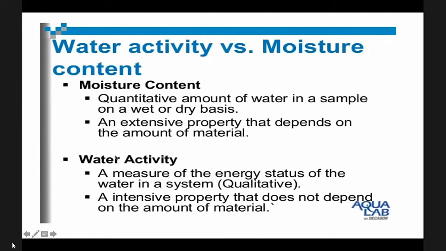So water activity is an intensive property, while moisture content is an extensive property. Water activity is defined as the measure of the energy status of the water in a system. Energy status, okay.